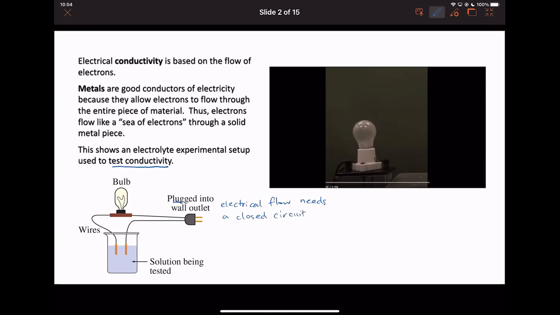So let's follow that circuit from this plug. There's this wire coming out one side of the plug and going into the light bulb. That's fine. So the light bulb will light only if you have a closed circuit. Right now it is an open circuit.